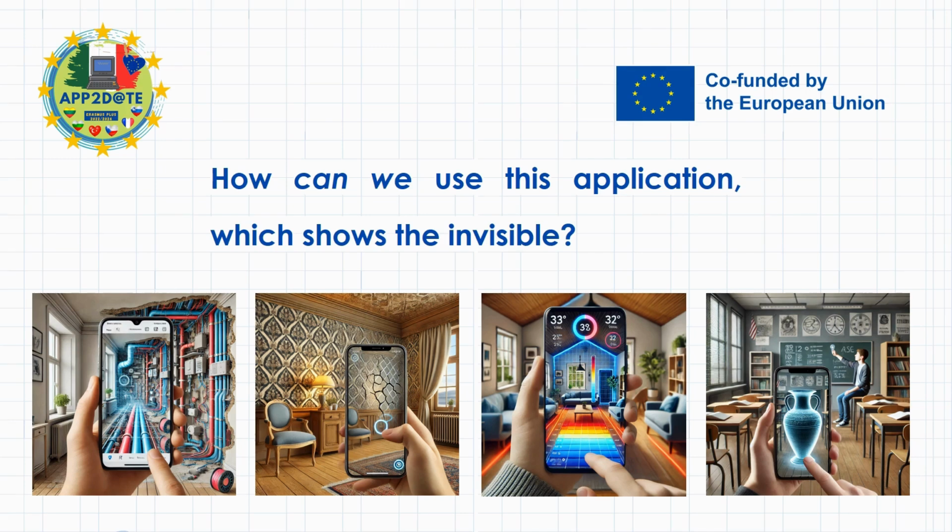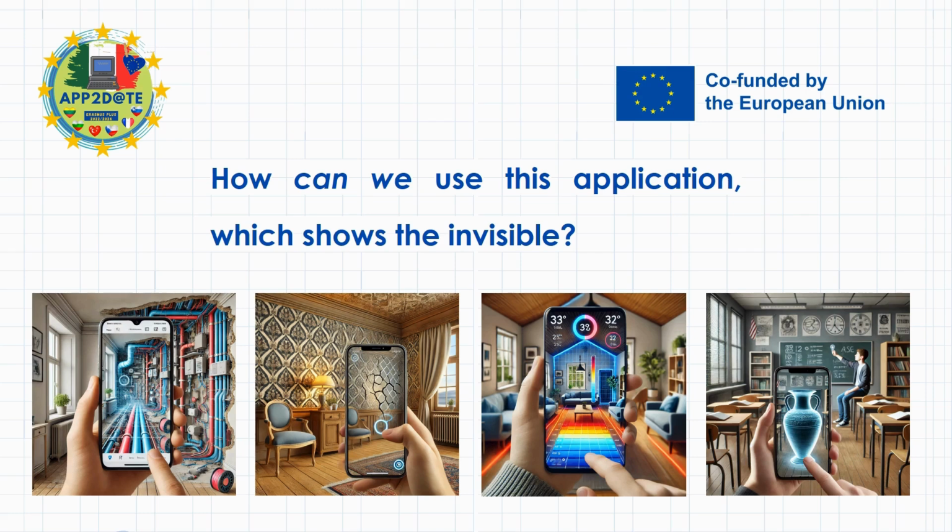Well, let us think of what is already invisible in our homes. What would be the most beneficial thing to see for us? Taking each homeowner's worst nightmare, home repairs, we can already start imagining cases where the perfect application, able to reveal what's invisible, would have incredible benefits.